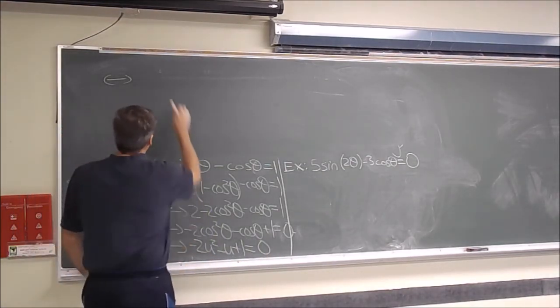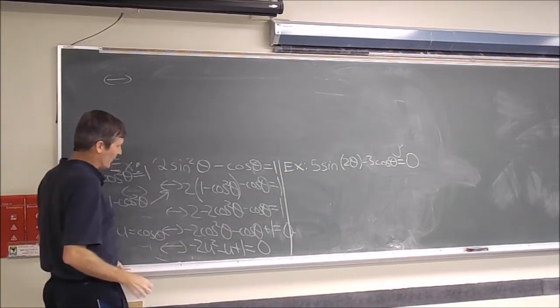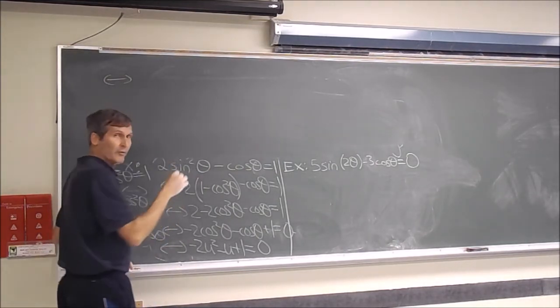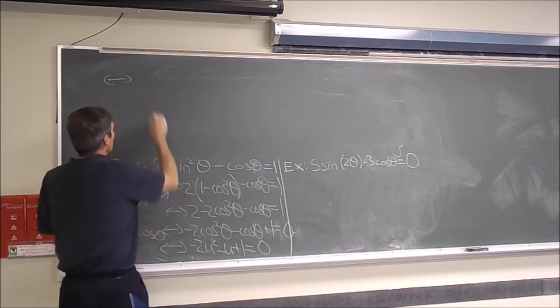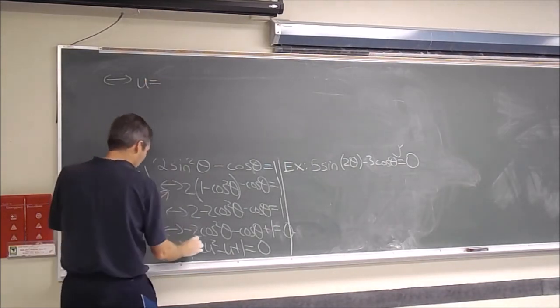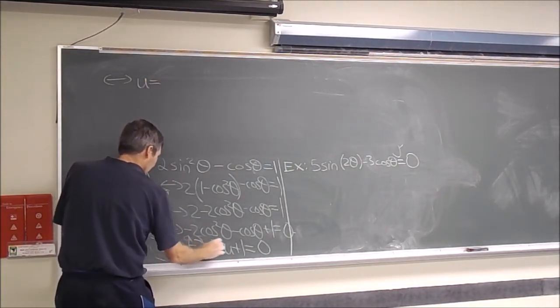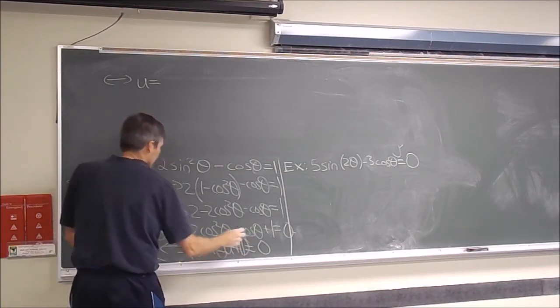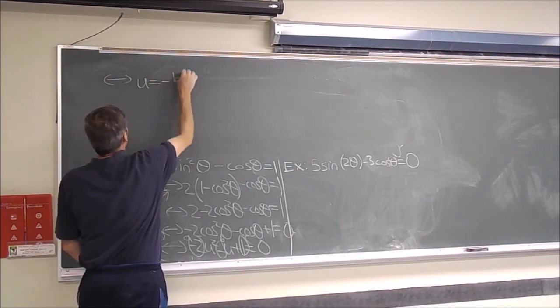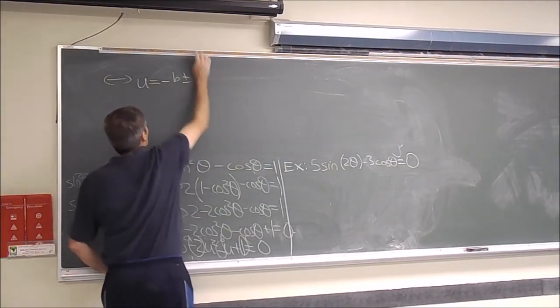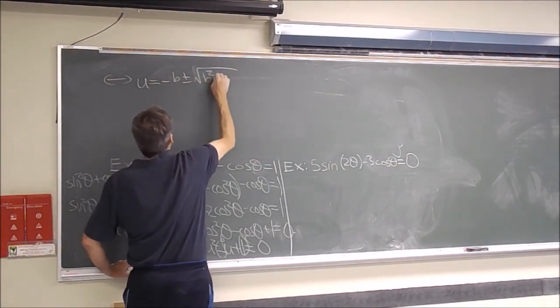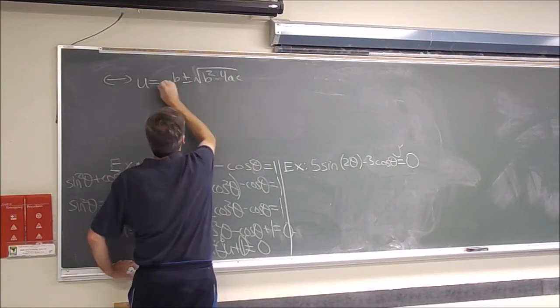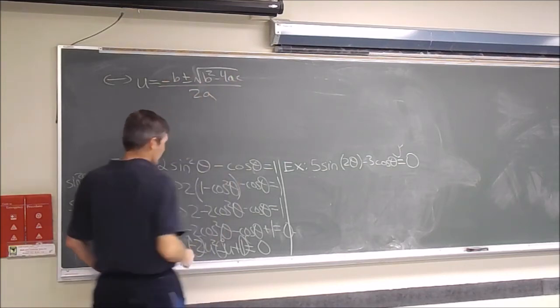By algebra, I can try factoring, or I can use the quadratic formula that takes a little longer, but it always works. So I say u equals, if you have au squared plus bu plus c equals 0, I get minus b plus or minus the square root of b squared minus 4ac all over 2a, and those are the solutions always.